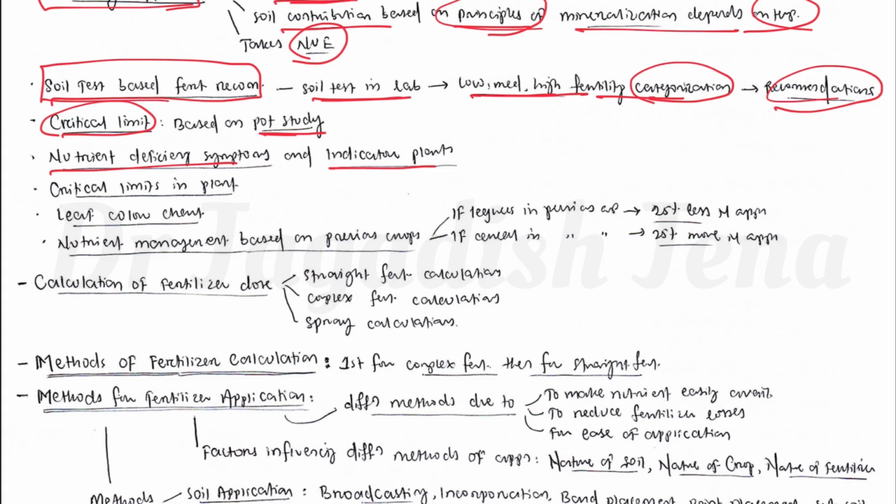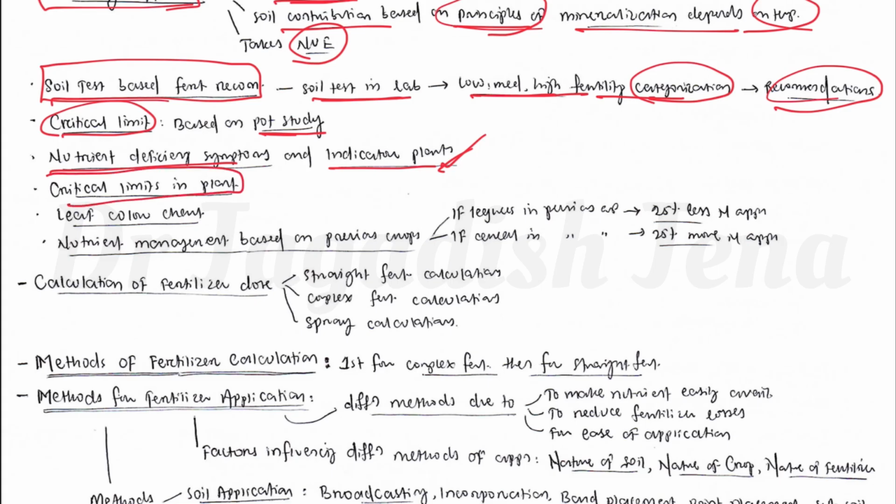For sodium, sugar beet. So these are the indicator plants. That means when there is deficiency of a certain nutrient, these plants will respond, or they are most susceptible, and they will show the deficiency symptom at the earliest. So that's why they are called indicator plants. Based on indicator plants, we can also apply the fertilizer.